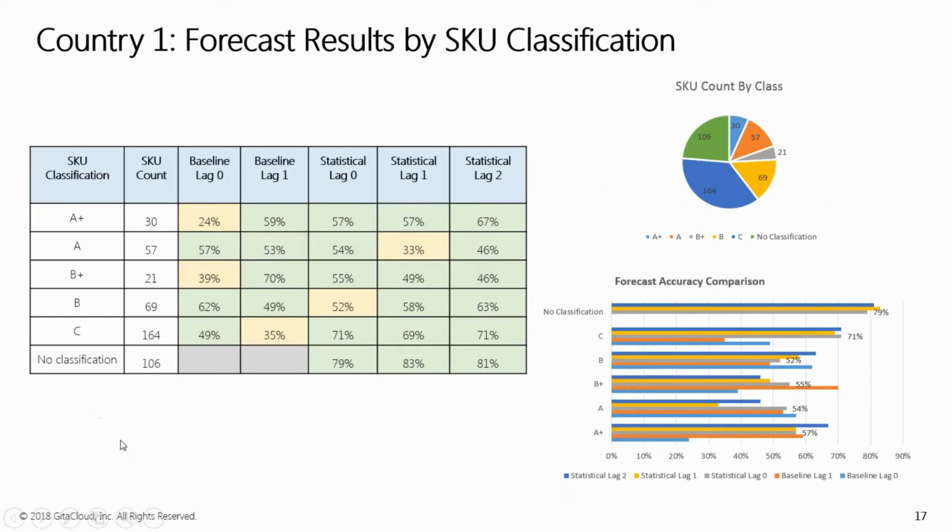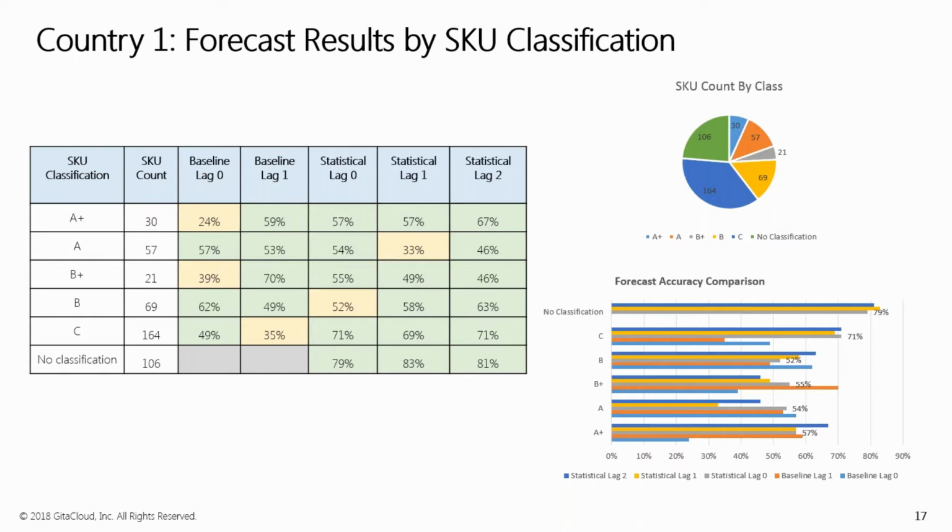So the next slide summarizes the same forecast accuracy breakup by SKU classification. What we presented in the previous slide was an aggregated picture of forecast accuracy across all 447 SKUs.